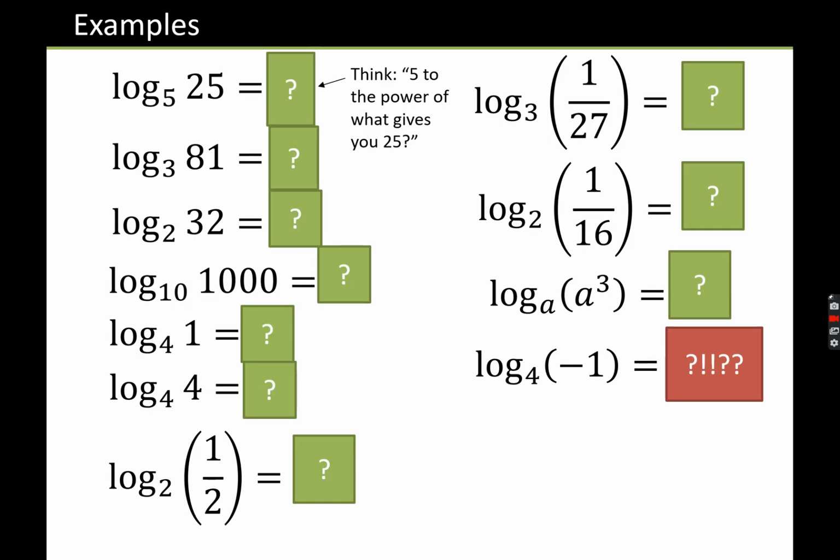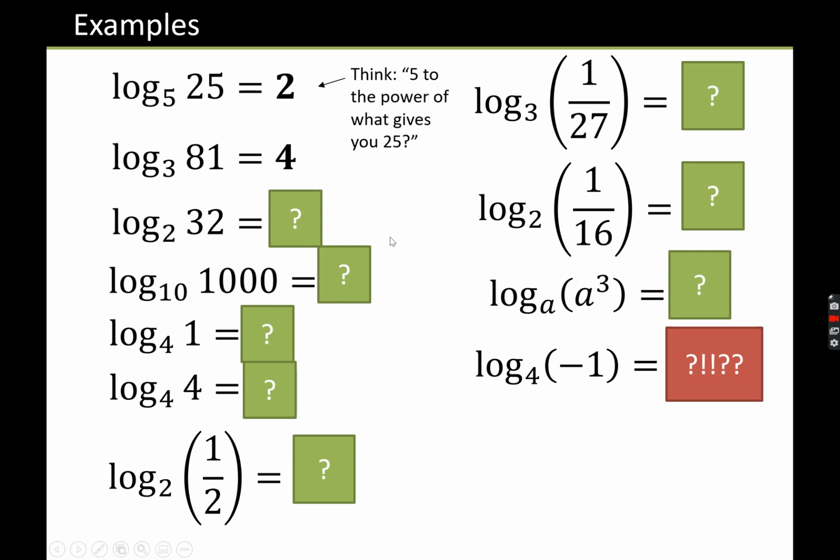So, some examples. Log base 5 of 25 is the same as saying 5 to the power of what gives you 25. So we have 2. Okay. Log base 3 of 81 is saying 3 to the power of what gives me 81, which will be 4.